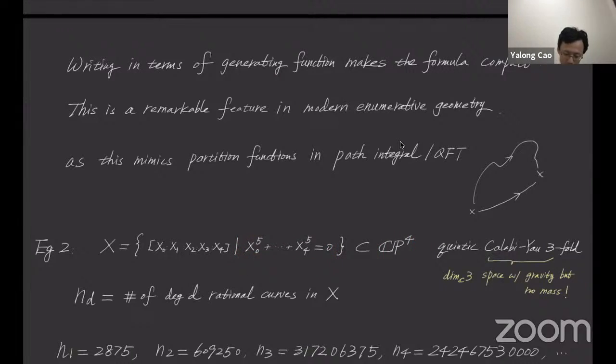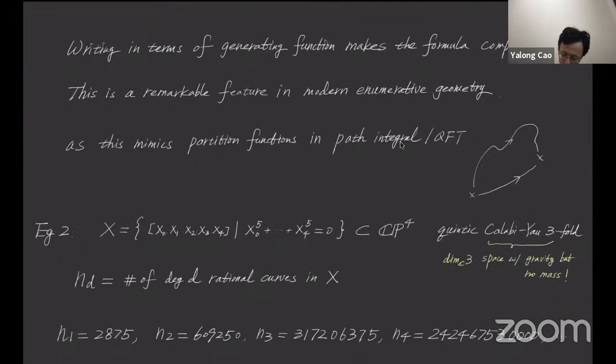So you see that we cut out by one equation. So this is a 4-dimensional thing, and this is a 3-dimensional thing. In fact, this is an example of a so-called Calabi-Yau threefold. Threefold means that this is a complex 3-dimensional space, so this is real 6-dimensional. This is called quintic because the power is 5.